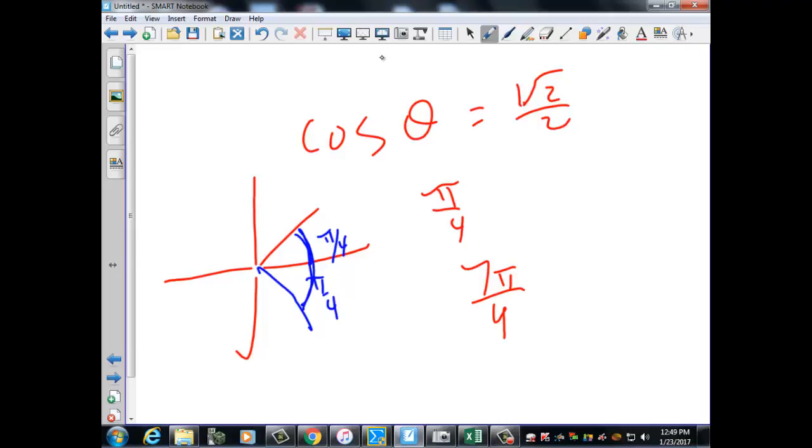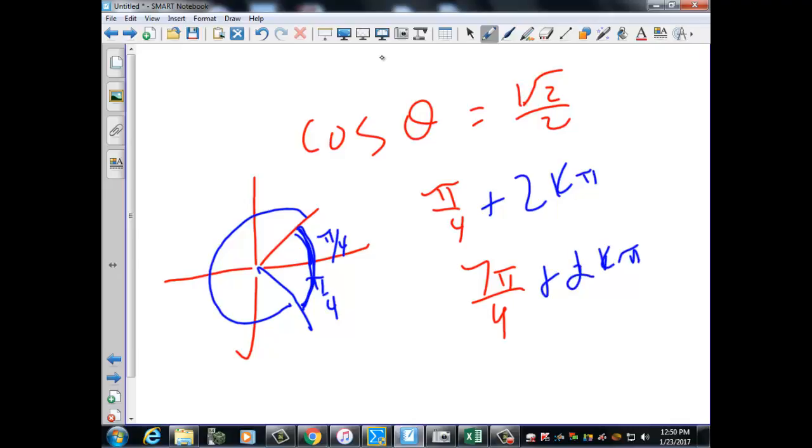If it's pi over 4 and pi over 4, if you got 2 quarters, you got a half. However, this distance is a half a pi. This distance here is not half a pi. Do we all see that? So it's not a uniform distance from one answer to the next. And so in that case, we would just do 2k pi here, and we would just do 2k pi here.